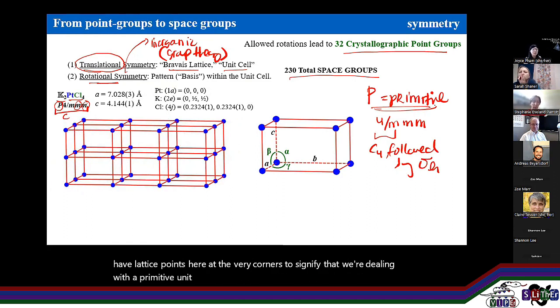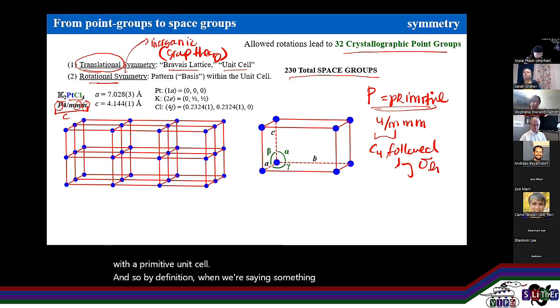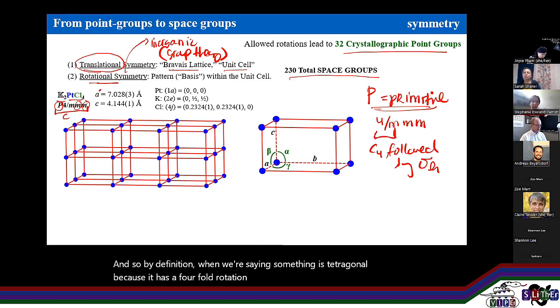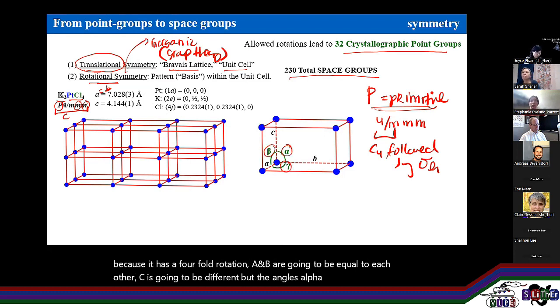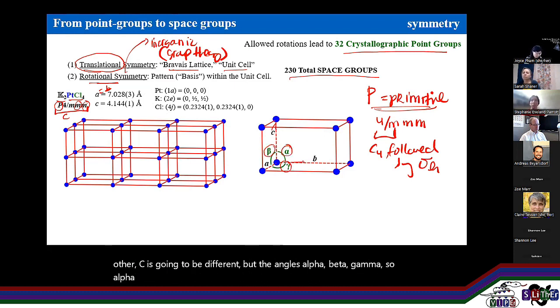unit cell. And by definition, when we're saying something is tetragonal because it has a 4-fold rotation, a and b are going to be equal to each other, and c is going to be different. The angles alpha, beta, gamma, where alpha is between c and b, beta is between c and a, and gamma is between a and b, are all 90 degrees.